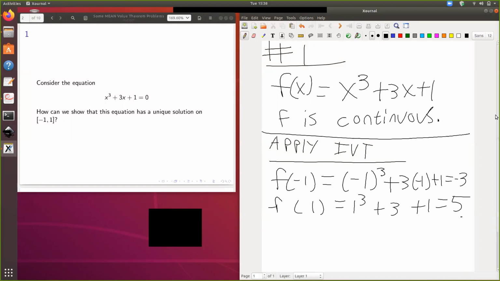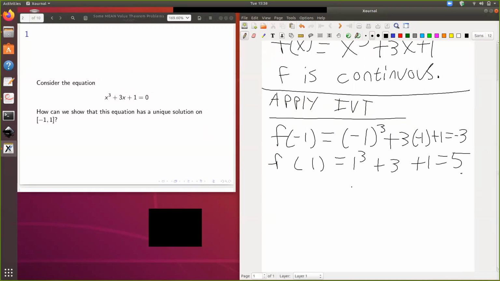So if we take the picture, I don't really care exactly what the function looks like. This is definitely not drawn to scale. But if you look at what we have here, we know that since f is continuous, on this part of the interval it's -3. On the other end of the interval, it's 5.